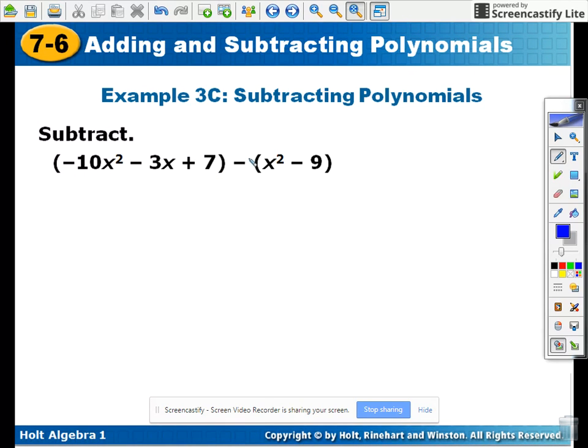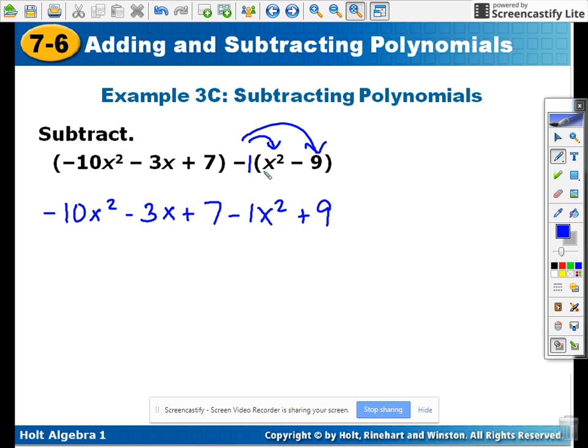Let's try another one. I'm going to rewrite the first polynomial without the parentheses, and now I'm going to distribute a negative 1. So that's negative 1x squared and positive 9. Remember, when you're distributing a negative 1, you're basically just changing all the signs of each term.